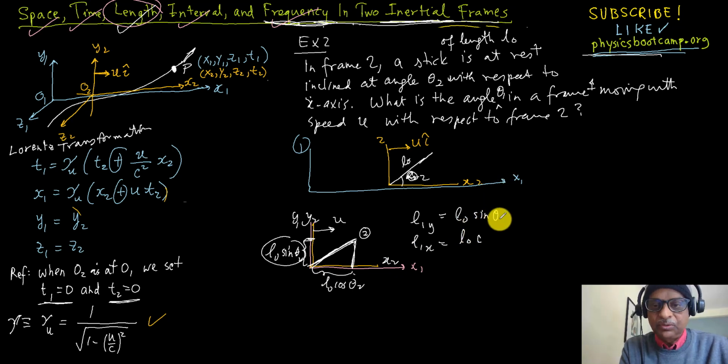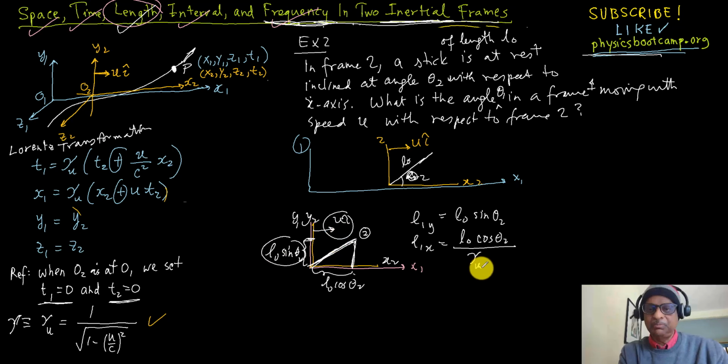L0 cosine theta 2 over gamma u hat. So if you have some other situation, because u appears as u squared, it doesn't make a difference, plus or minus. And so the angle will be the ratio of these two, right?